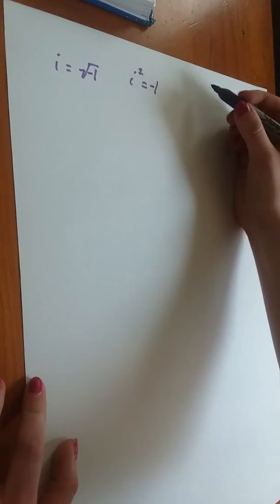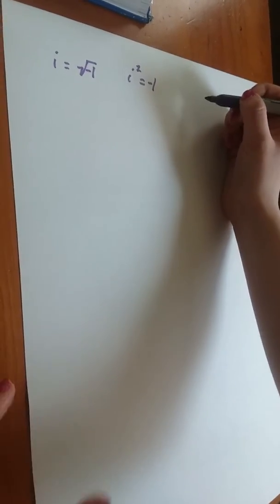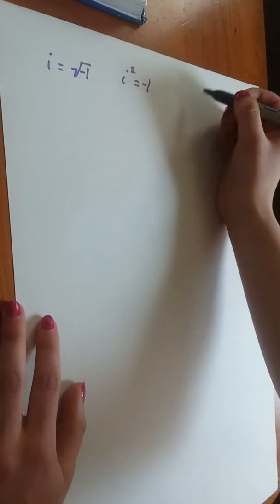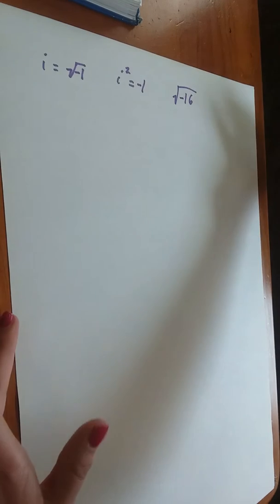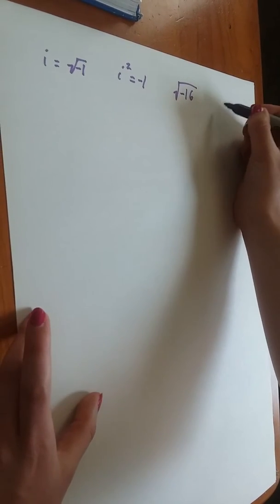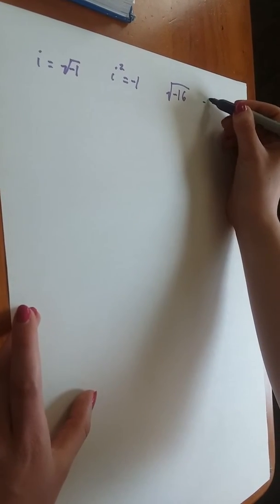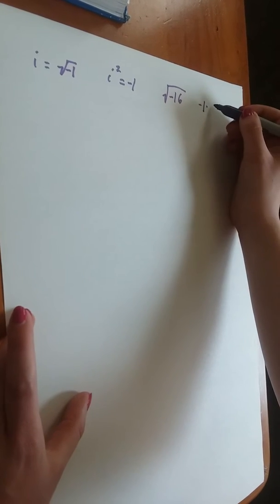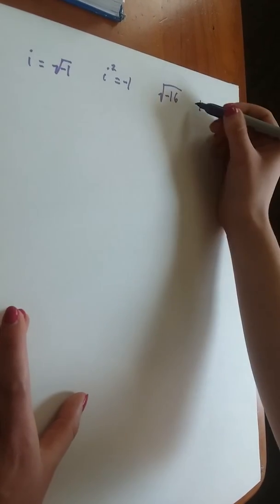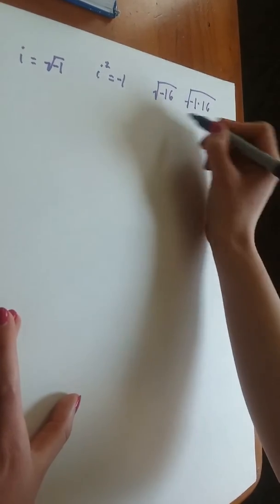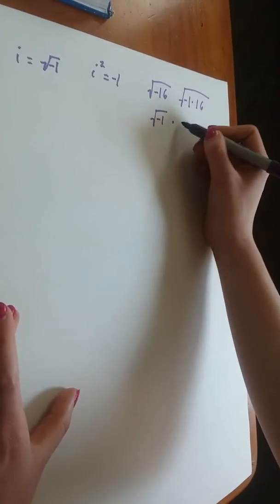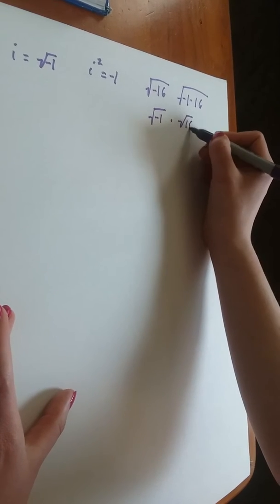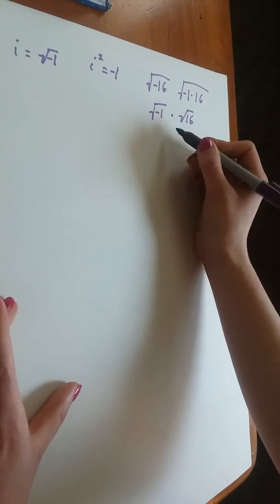And so if we have a negative number, we can't use that in a problem. For instance, if we have the square root of negative 16, we can't just use that in the problem, so we have to change it into the form of i. So that would be negative 1 times 16, and then we just put them in separate brackets, so that is the square root of negative 1 multiplied by the square root of 16, which is of course 4.